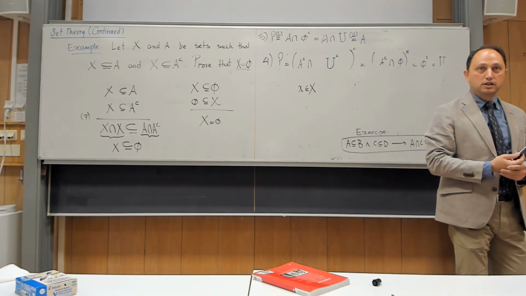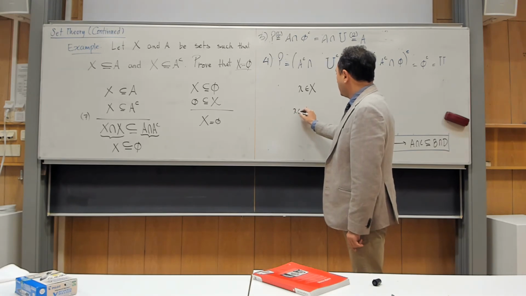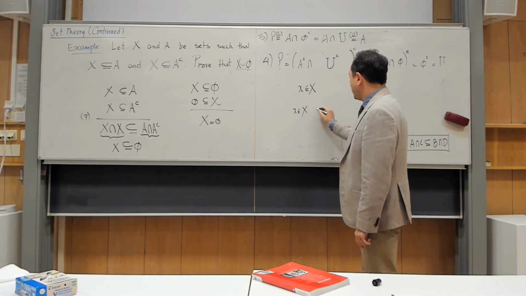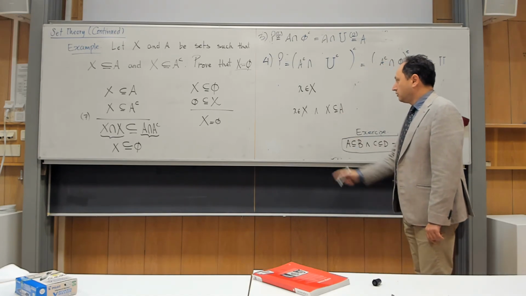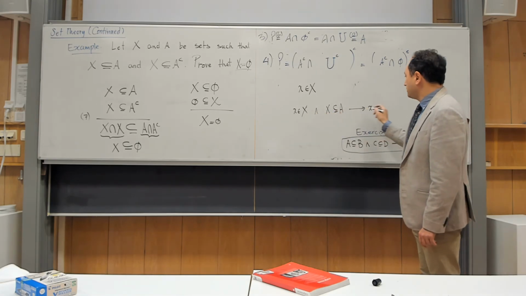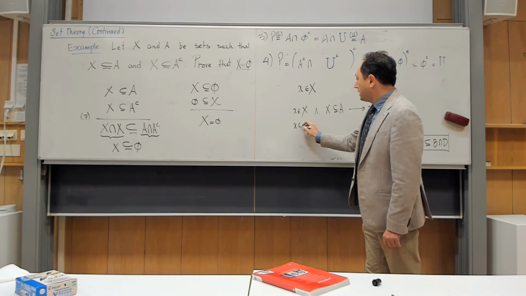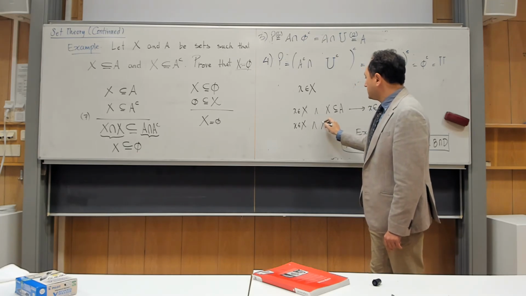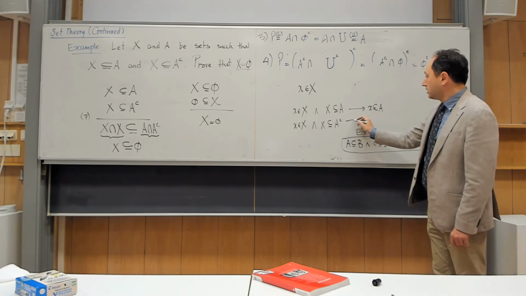Yes? I know that little x belongs to X, and you are telling me that X is a subset of A. What is the conclusion? So this little x should also be in A. Now I also know that x belongs to X. You are also telling me that X is a subset of A complement. So what can I conclude?